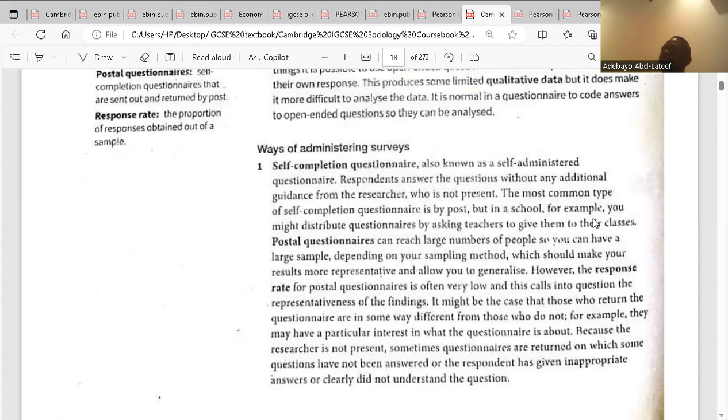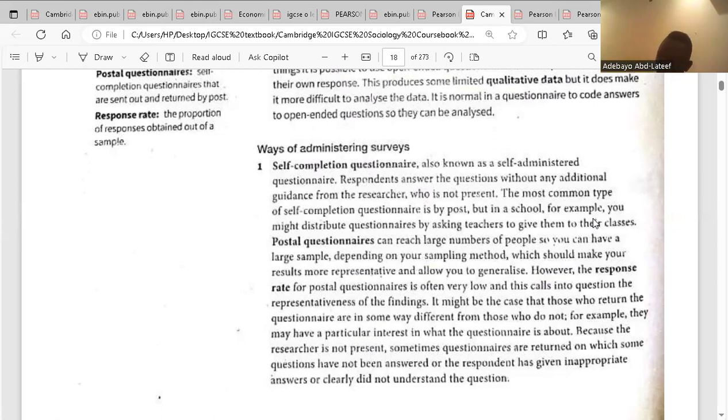The questions are sent maybe via post, so the participant just receives it and fills it, answering the questions without having contact with the researcher, whether physically or through a phone call. You just have to answer the questions and submit. Everything has to be done by you alone, so you're not involving the researcher. That's what we call self-completion.